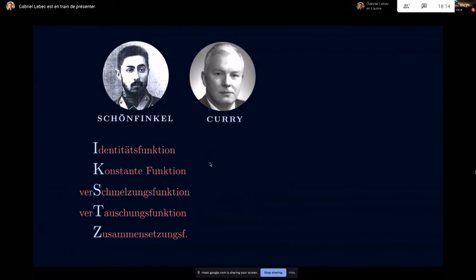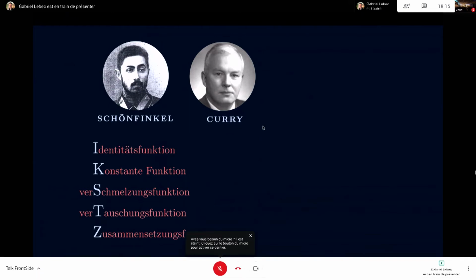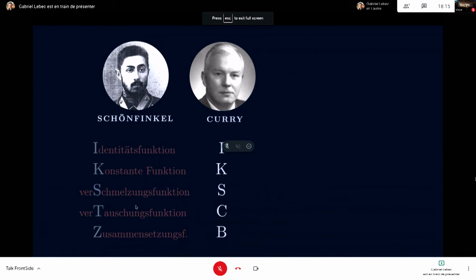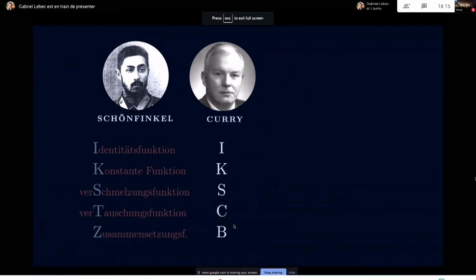And he came up with all of these long names for functions. Things like Identitätsfunction and Zusammensetzungsfunction. Haskell B. Curry, who came a little later, also did a lot of work with these functions. And he used some of the same letters, but he also used a couple different ones just to confuse everyone.